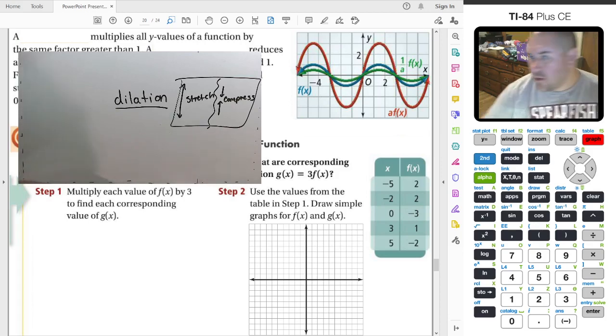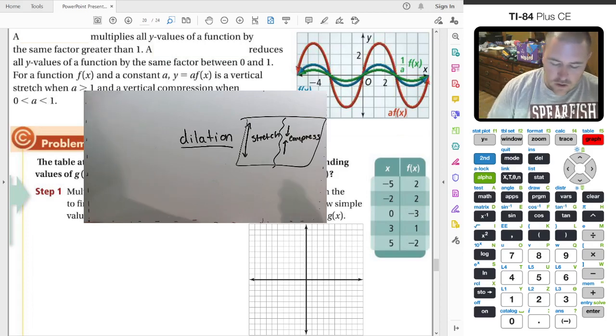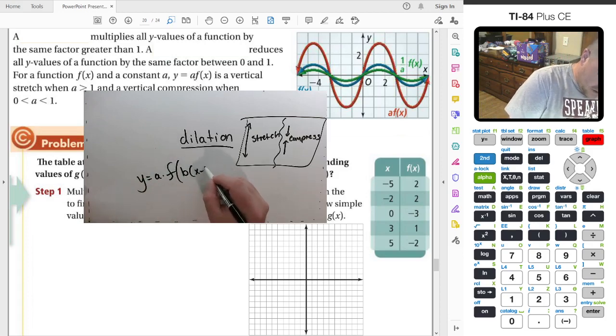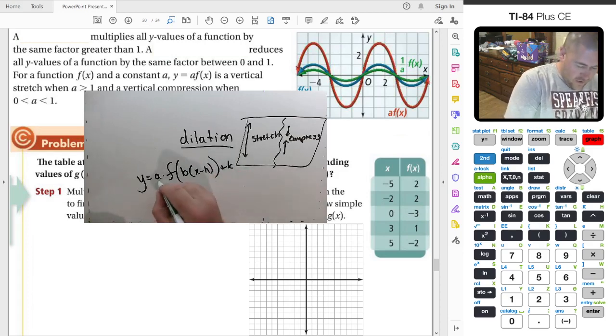You notice the first one says, if I moved it, a blank multiplies all the values by a factor greater than 1. Well, what's going to make things greater than 1, a stretch or a compression? Okay, and it goes back to y is a times f of b x minus h plus k. If this a has absolute value less than 1, it's a vertical compression.